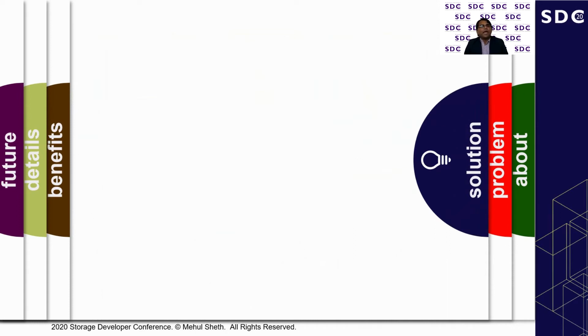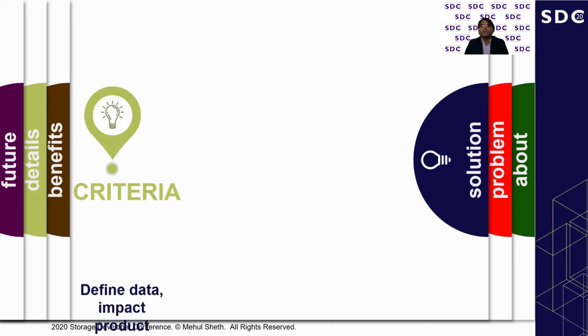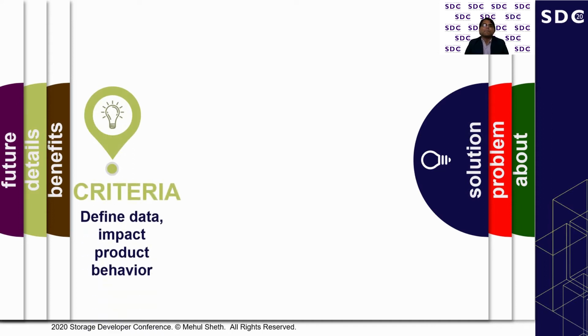So, we had a problem that our test data was not representing production. How do we prevent this from happening again? This is a solution that we implement to close the gap between production and test data. First, we define characteristics of data that impact the product behavior.